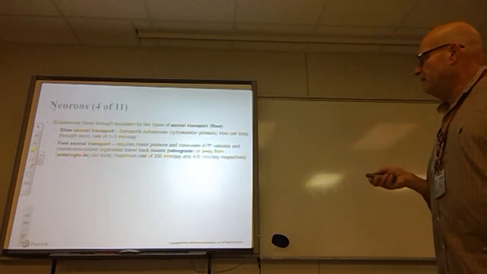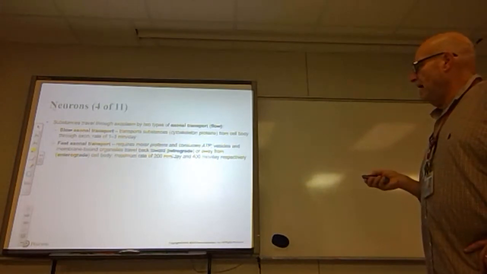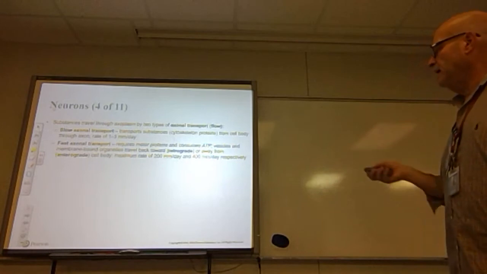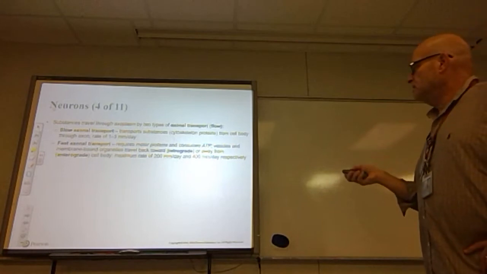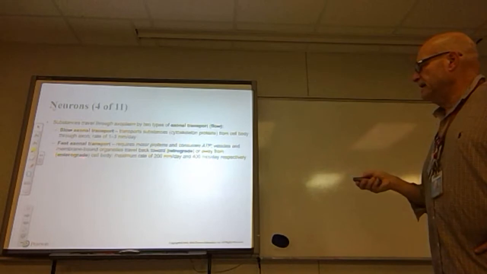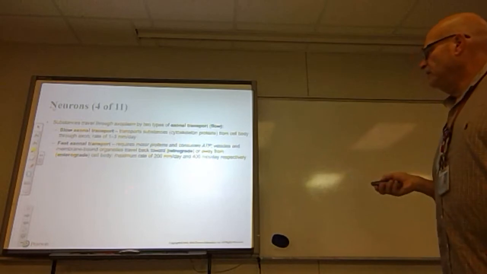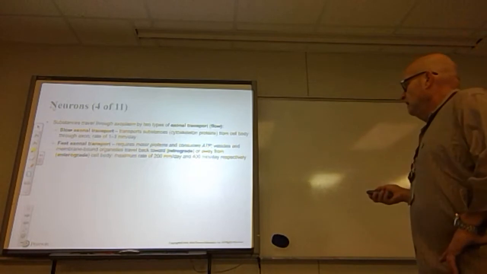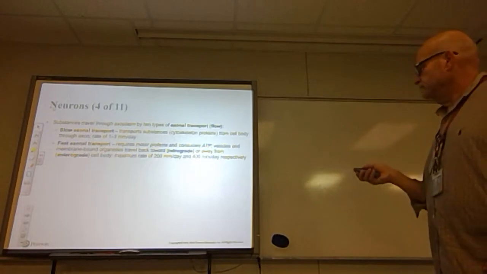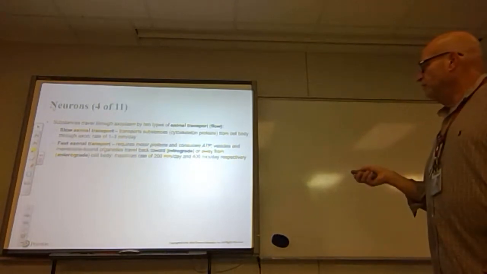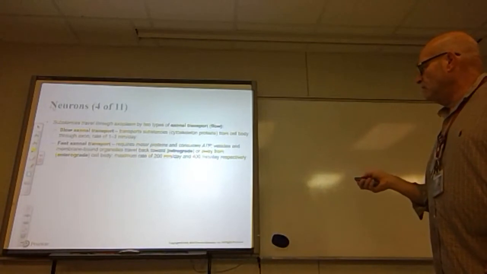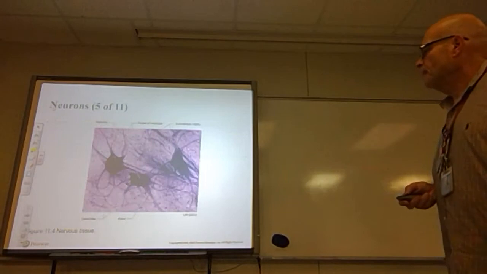These vesicles have membrane-bound organelles that travel toward or away from the cell body. Movement toward is called retrograde. Movement away is anterograde. And these move at a maximum of 200 millimeters per day or 400 millimeters per day, respectively. So retrograde moves at 200, anterograde at 400.